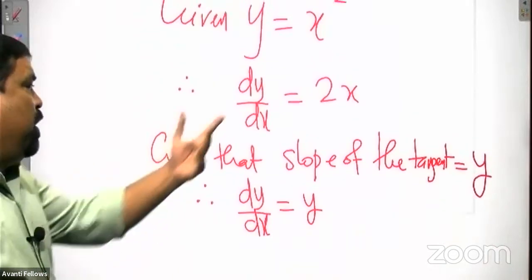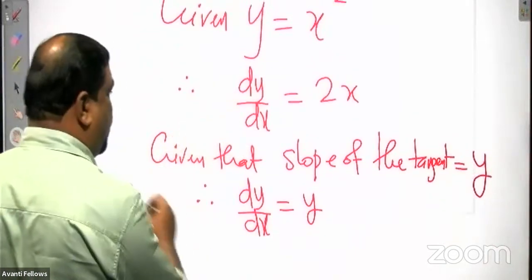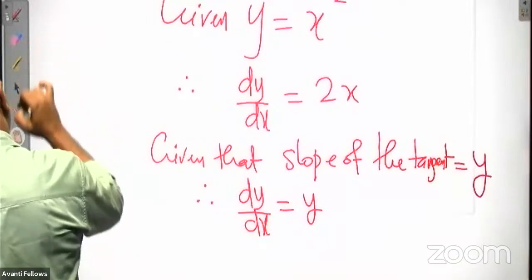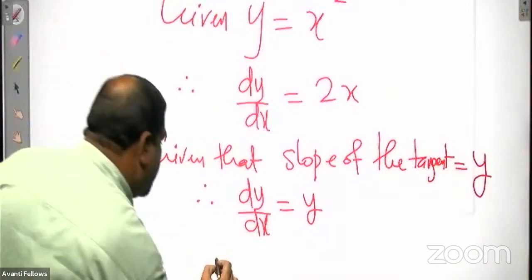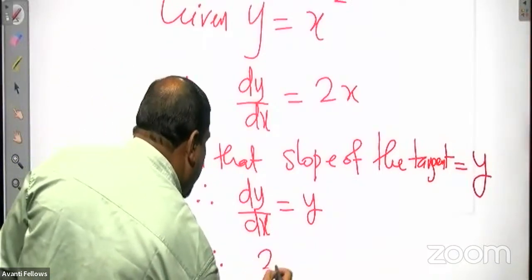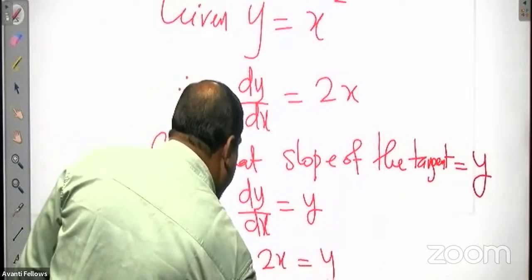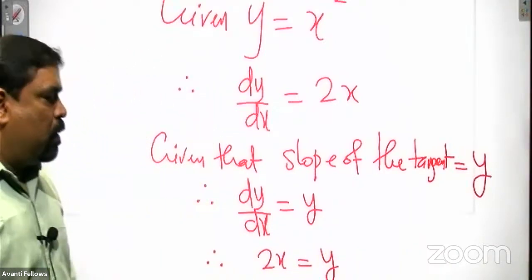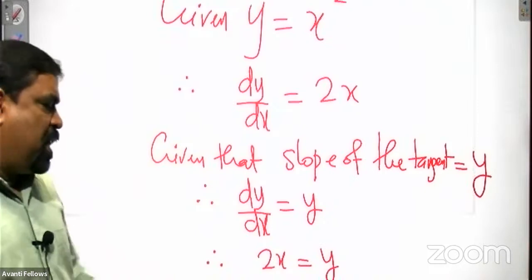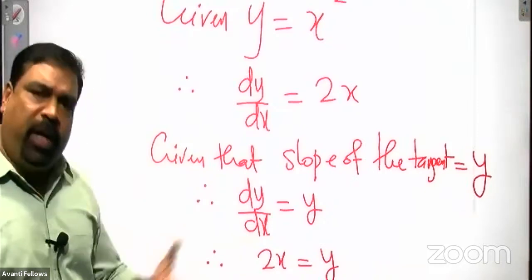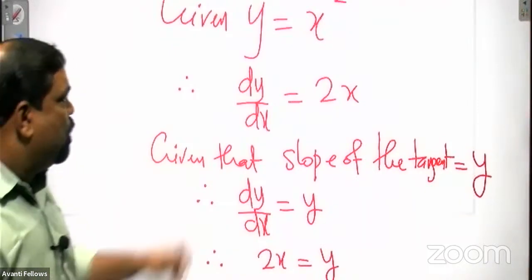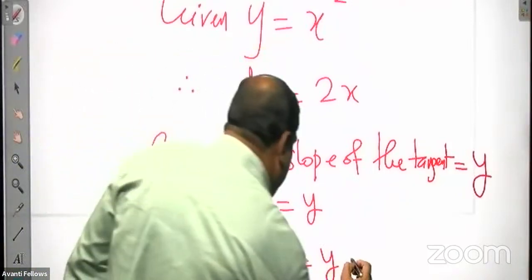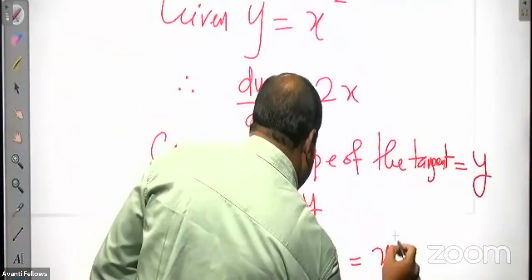Now what is dy by dx? Already we got dy by dx equal to 2x. So in place of dy by dx, you can write 2x. That means 2x equal y. So we have to find the points which satisfy this condition, 2x equal to y. Now what is y? y is equal to x square, given equation.